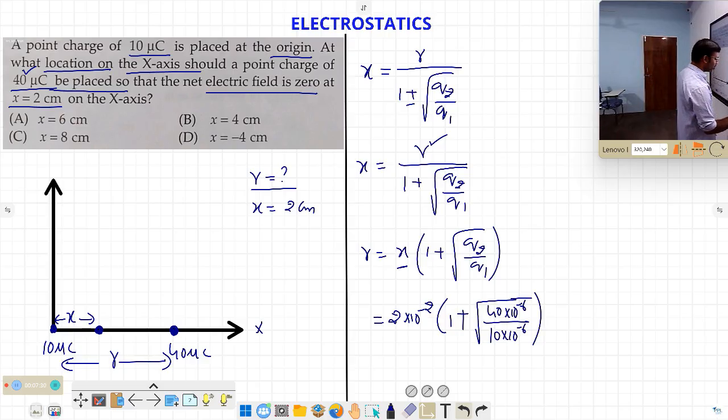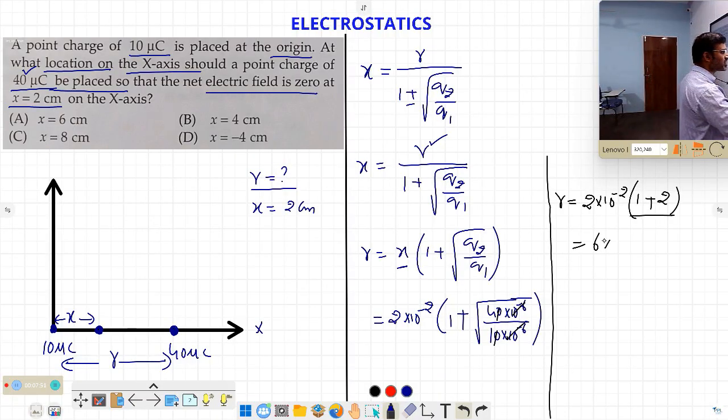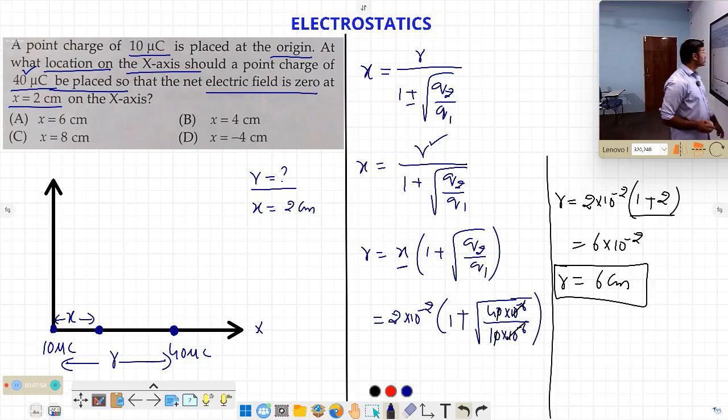The 10 power minus 6 cancels. So r is equal to 2 into 10 power minus 2 into 1 plus root 4. Root 4 is 2, so 1 plus 2 is 3, and 3 times 2 is 6. That is 6 into 10 power minus 2, so r equals 6 centimeters. The answer is 6 centimeters, the first option.